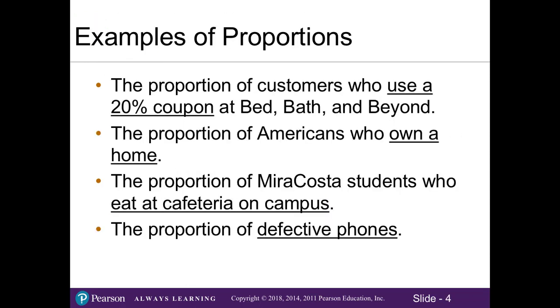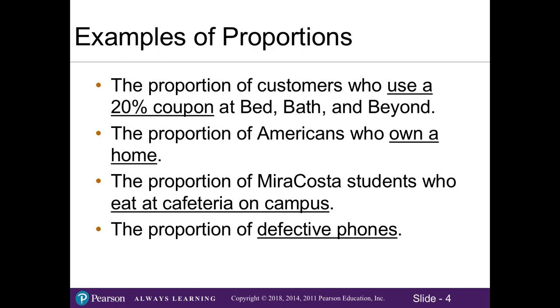Here are some examples of proportions. Say we wanted to know the proportion of customers who use a 20% coupon at Bed Bath & Beyond. In this example, the attribute of interest is whether or not the customers use a 20% coupon. In our second example, this is the proportion of Americans who own a home. Again, our attribute of interest is home ownership.